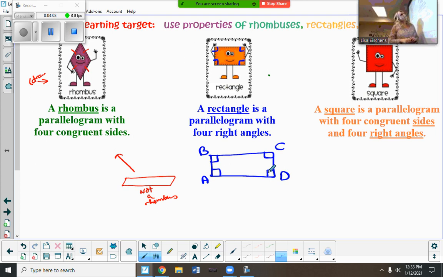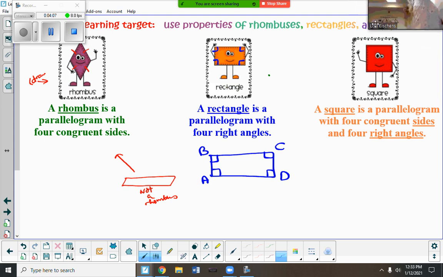Okay, next one, guys. A square is a parallelogram with 4 congruent sides and 4 congruent angles. So a square is also a parallelogram, and it has 4 congruent sides, and it has 4 right angles.